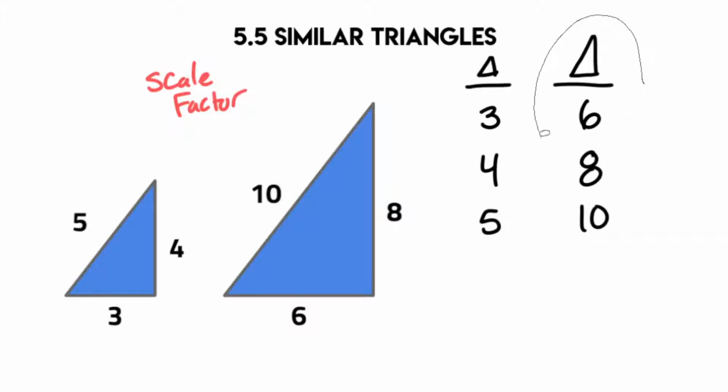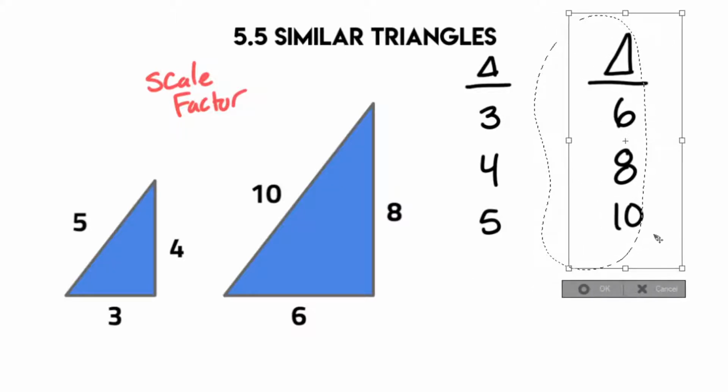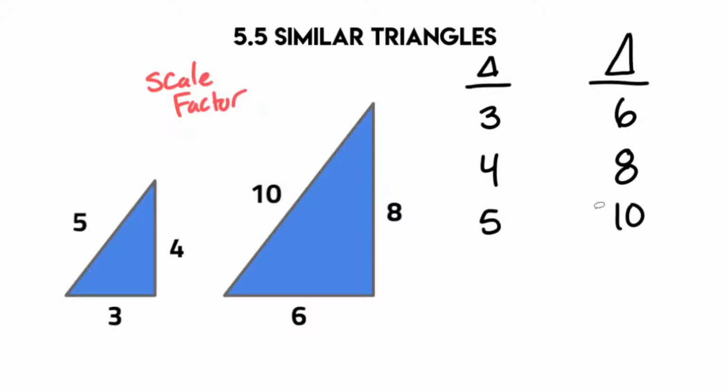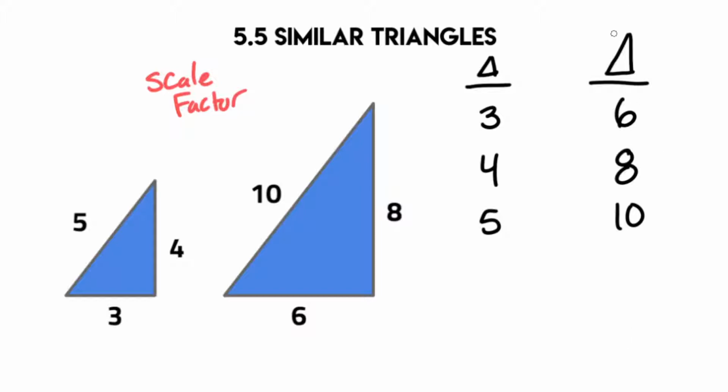Now, some of you may already see what the scale factor is going to be in between these two triangles. Notice, for both of these triangles, I did exactly the same thing. I wrote out their three side lengths, 3, 4, 5, in ascending order, in other words, as they got bigger. And this one I did 6, 8, and 10, once again, in ascending order here. And the reason for that is that this is automatically going to match what is called our corresponding sides.